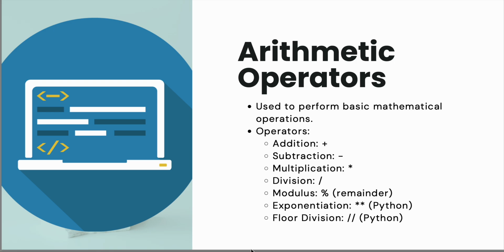Modulus is especially used in programming languages to find a remainder, and exponential is used when we need to find a square or an exponential value. Or when we need double division, then we need floor division. So these are arithmetic operators.